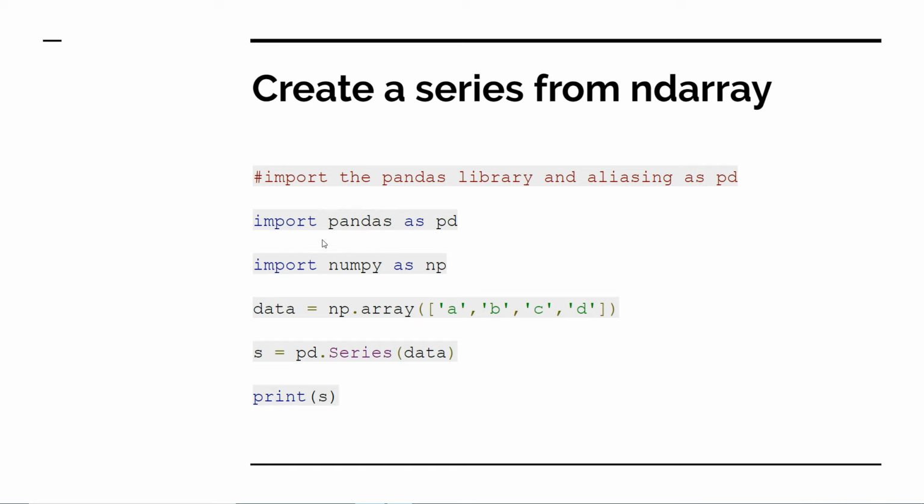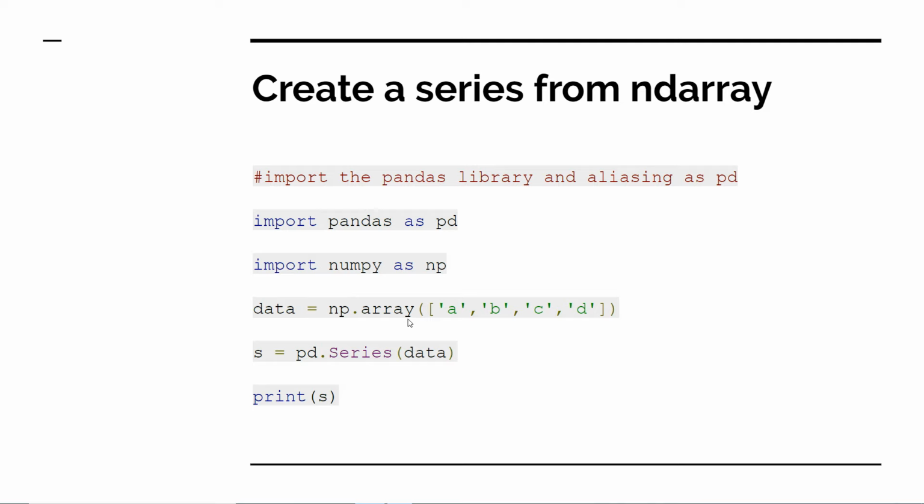Instead of calling pandas, I'm creating an alias in short form called pd. Next we have to import numpy as np. So np is an alias for numpy. Numpy is a module, and using this module I'm trying to create an array because Python doesn't provide any way to create array. So we need numpy to create an array.